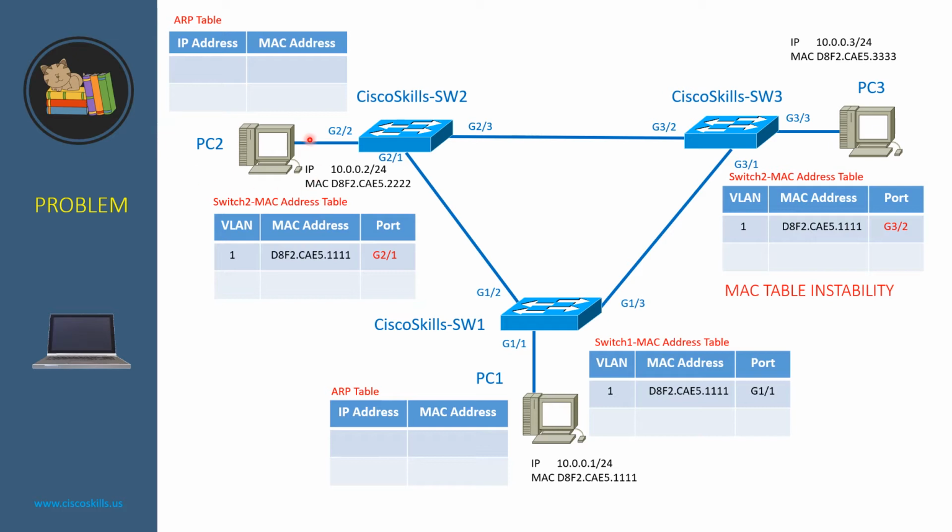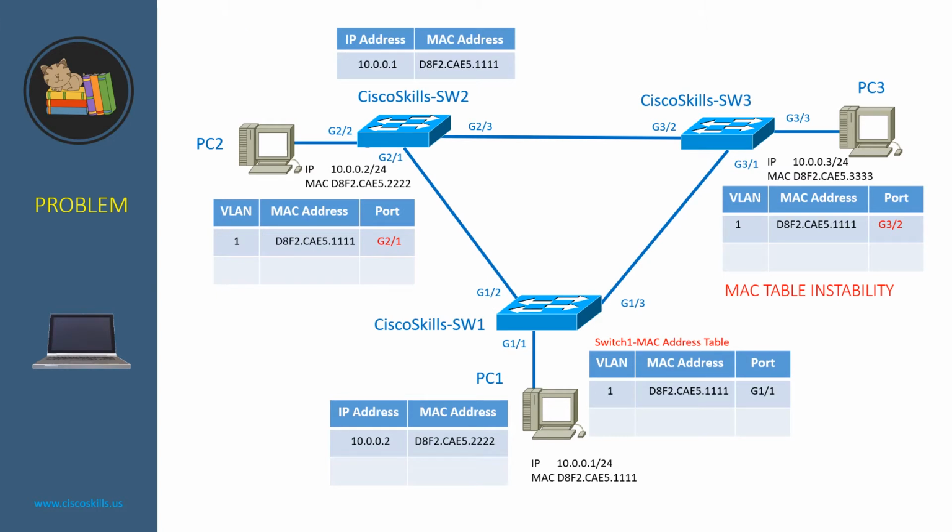When PC2 receives the ARP request from PC1, it will update its ARP table and respond with the ARP reply back to PC1. When PC1 receives the ARP reply from PC2, it will update its ARP table.